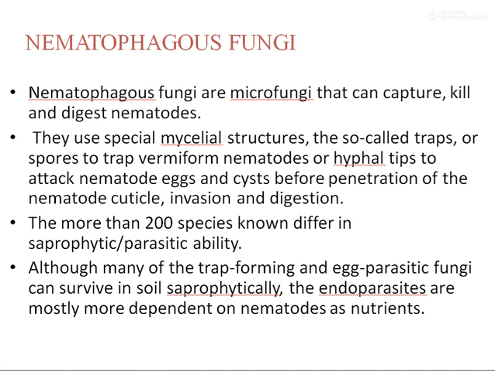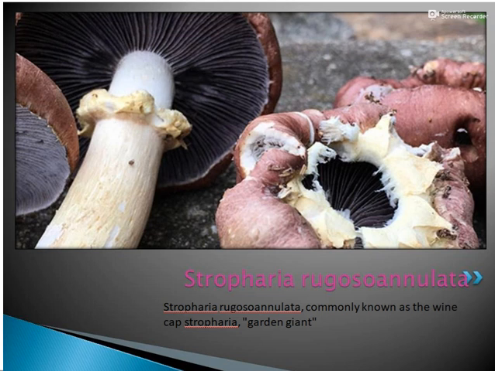Now, they are of different types. We'll just go through some examples. One example which we come across is Stropharia rugosoannulata, which is a garden giant mushroom. We see these mushrooms commonly in gardens, but I guess we hardly think that they have a nematophagous role.